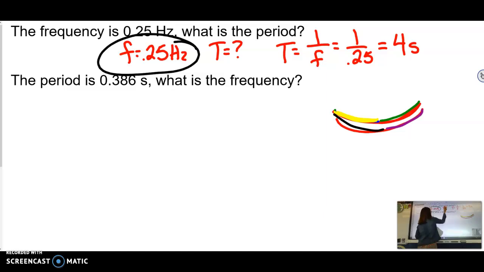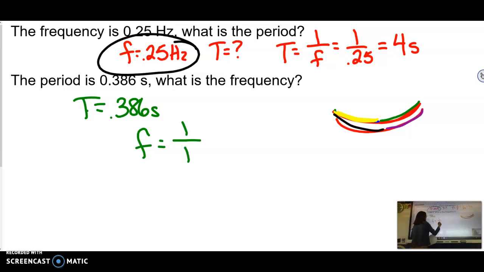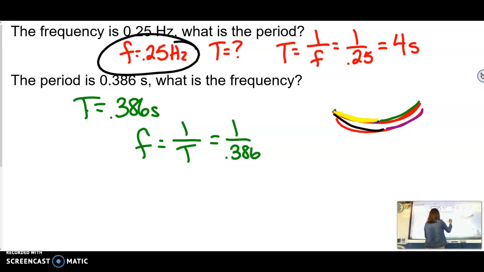Okay, this next one is the same idea, except this time I'm given period. And if I want to get frequency, I just take the reciprocal. So if I have frequency, take the reciprocal to get period. If I have period, take the reciprocal to get frequency. So whenever you have 1, you just take the reciprocal to get the other. So literally I'm just doing 1 divided by 0.386, and I get 2.59, and that would be hertz.